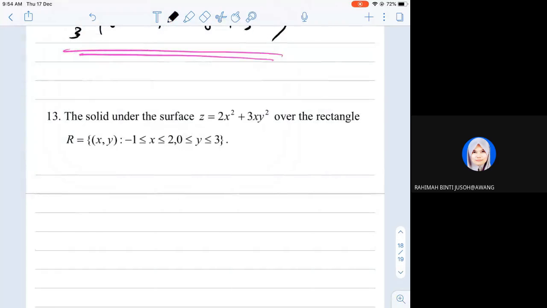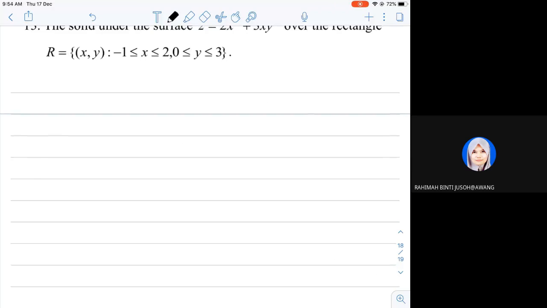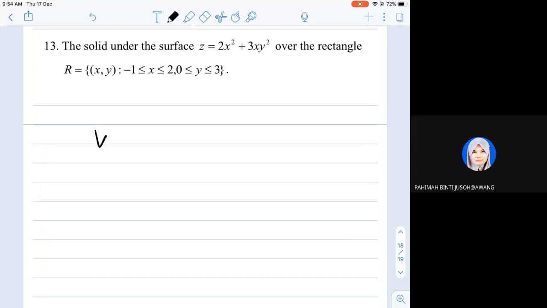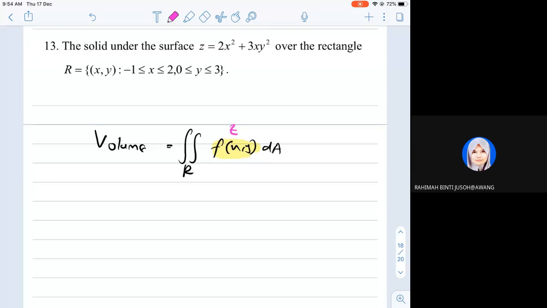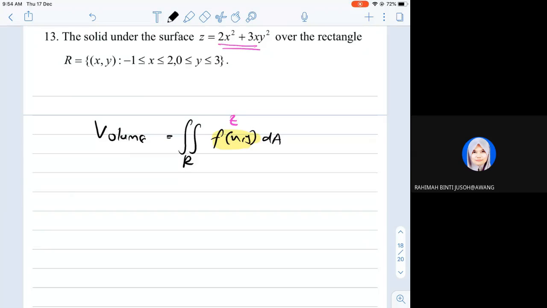If we use double integration, the formula for volume is double integration over R of f(x,y) dA. Of course, this f(x,y) is your z, function z. So the volume should be V equals double integration of our function z, 2x squared plus 3xy squared, d.